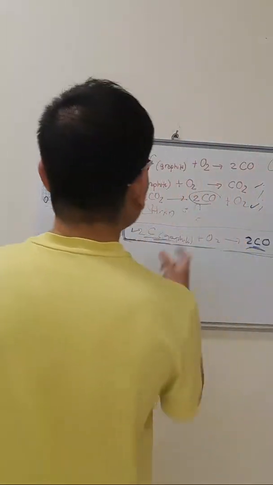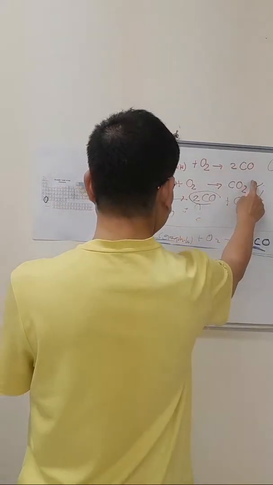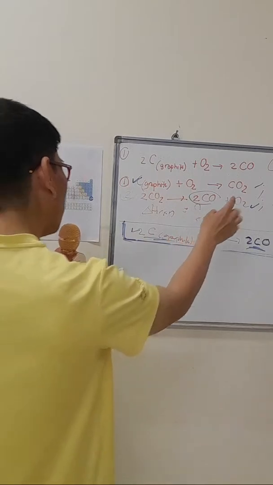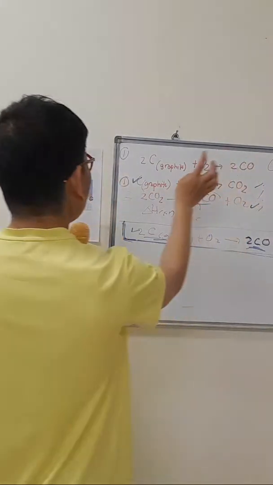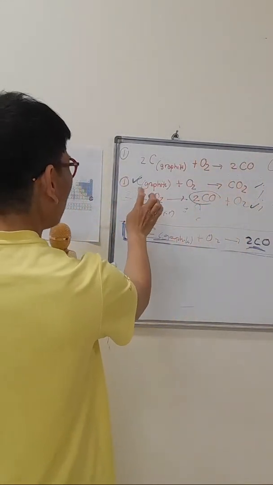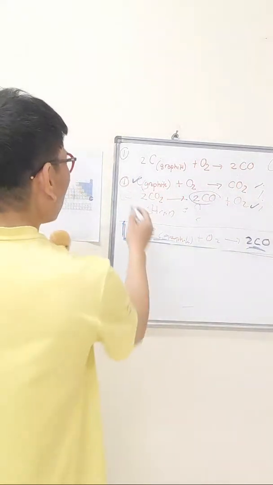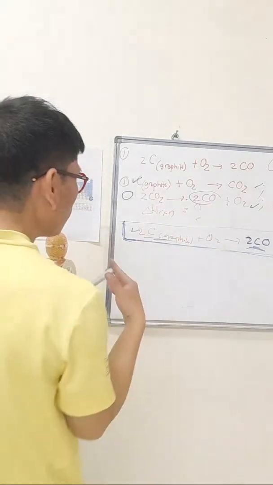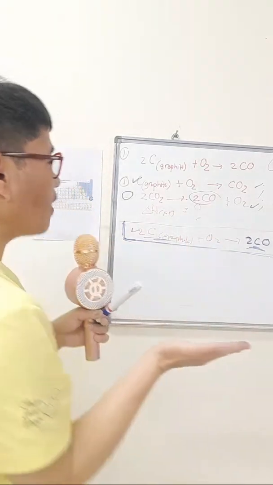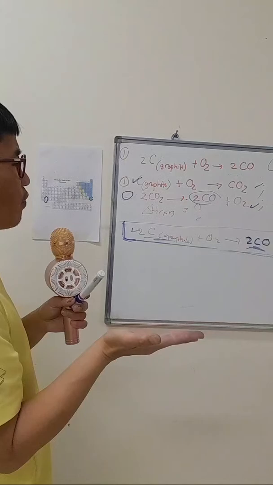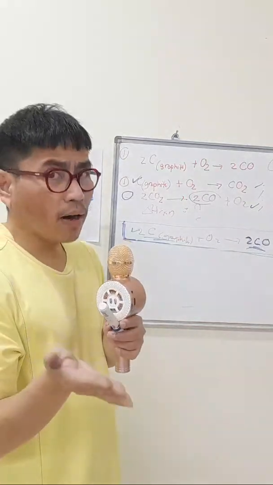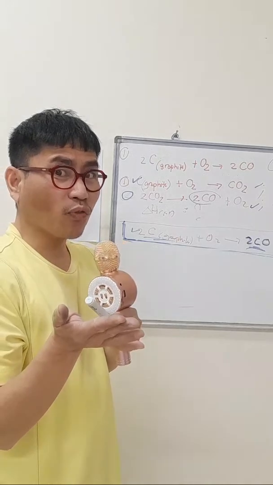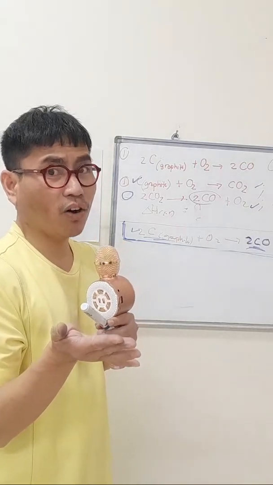Okay, so now we have CO2 in the product, and we also have CO2 in the reactant. We have CO2 in the product in equation 1, and CO2 in the reactant in equation 2. Now, what will you multiply to cancel the CO2 here? You will multiply a certain number of moles or coefficient to a compound or element that has an insufficient number of moles.